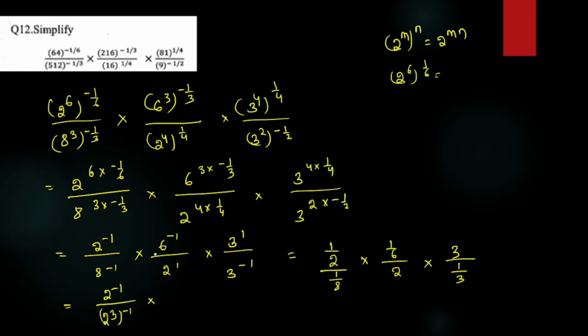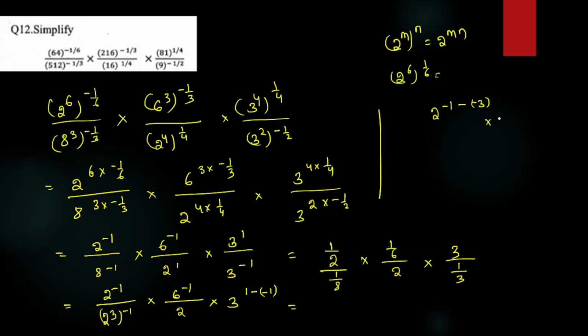And this 6 we can write the same, 6 to the power minus 1 divided by 2 into 3 to the power, here base are equal, so power will be 1 minus minus 1. Or we can write 2 to the power minus 1 minus 3, because base are equal means power will be subtraction because of division.